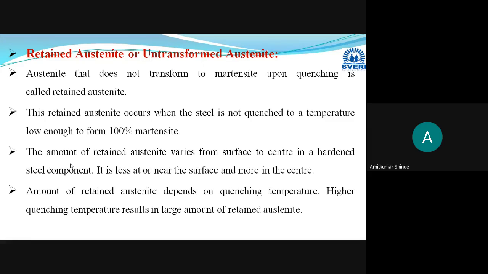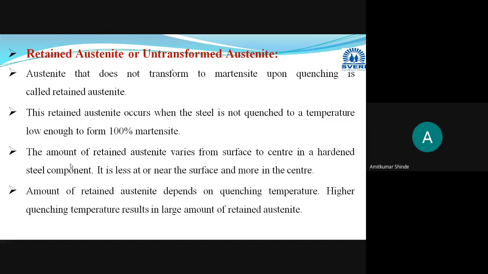Whenever the quenching temperature is higher, it results in more thermal stresses due to the larger temperature difference. And due to this larger temperature difference, the amount of retained austenite increases.